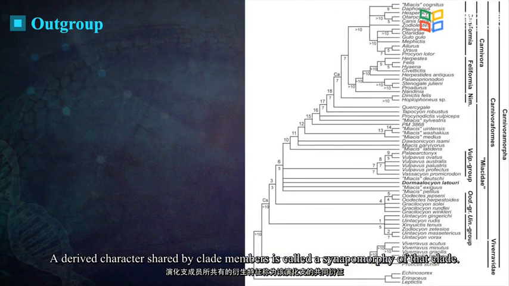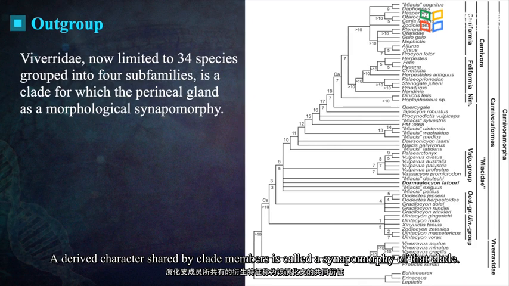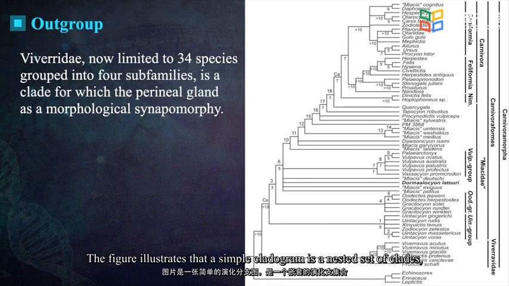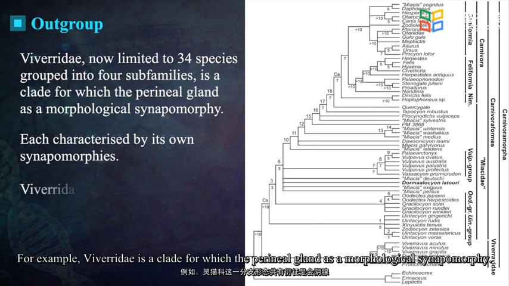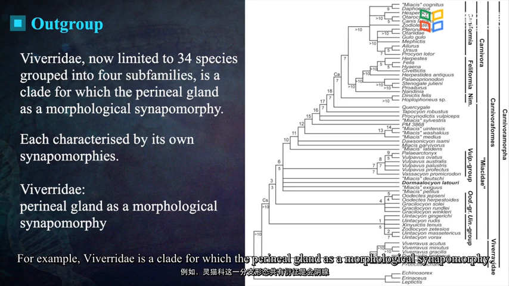A derived character shared by clade members is called a synapomorphy of that clade. The figure illustrates that a simple cladogram is a nested set of clades, each characterized by its own synapomorphies. For example, Viverridae is a clade for which the perineal gland is a morphological synapomorphy.